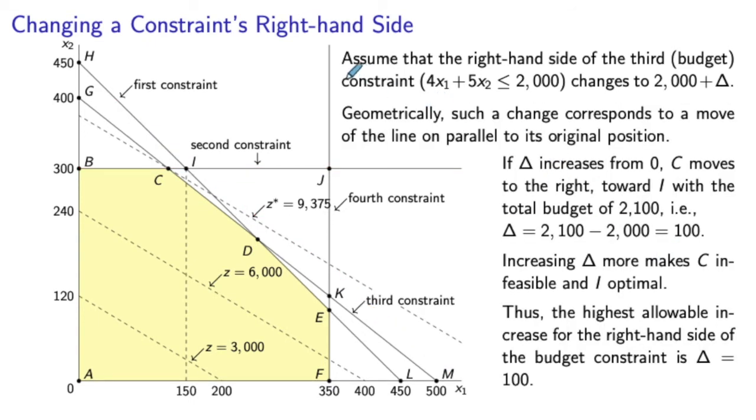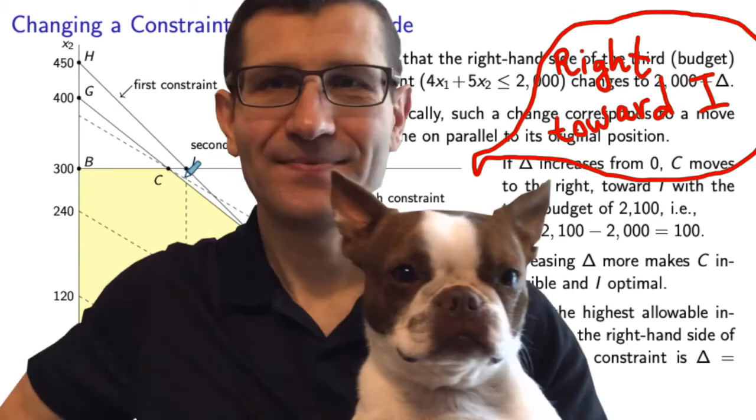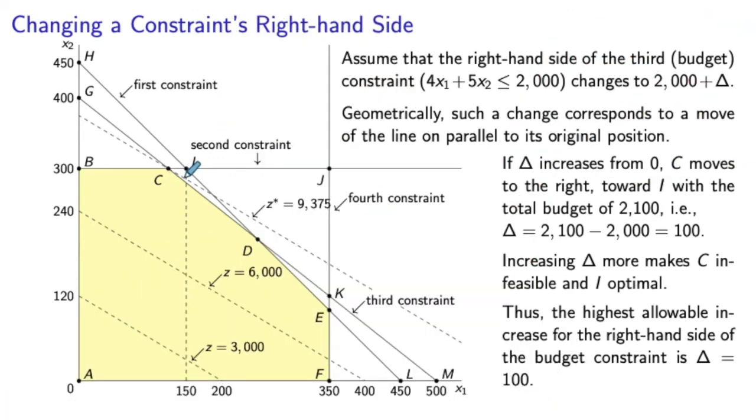So this is what we have done so far in summary. So we assume that the right-hand side of the third constraint changes from 2000 to 2000 plus delta, and geometrically such a change corresponds to a move of the line parallel to its original position. So this line would move, and if delta increases from 0 up, then the point C is gonna move right toward I, which corresponds to the total budget of 2100.